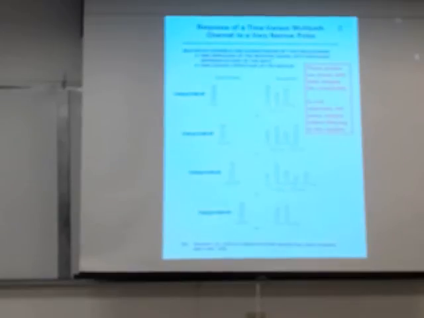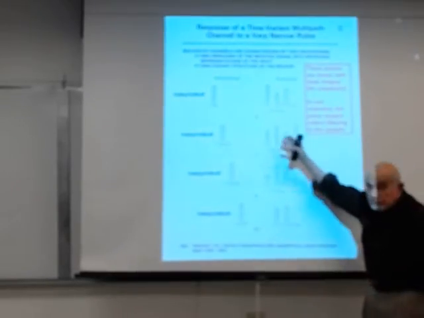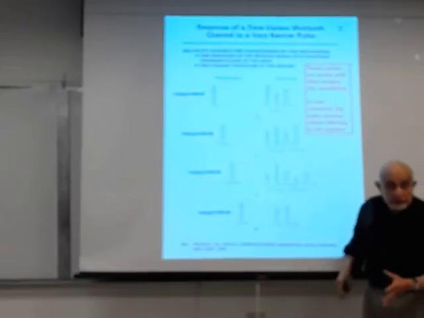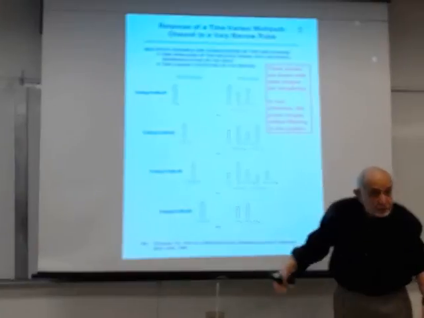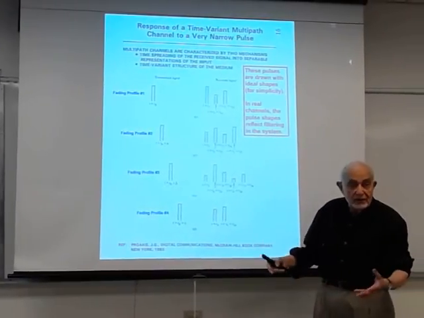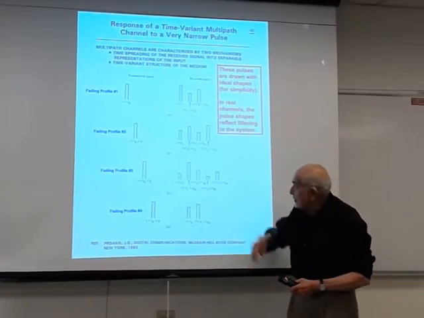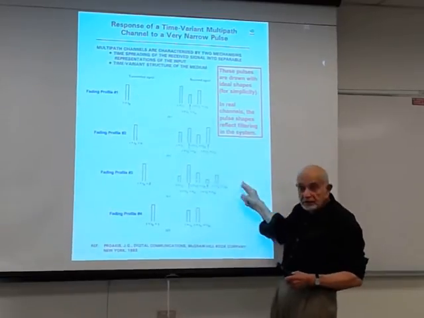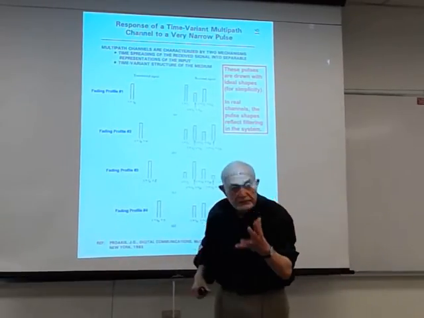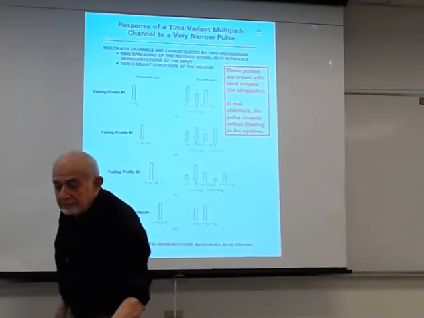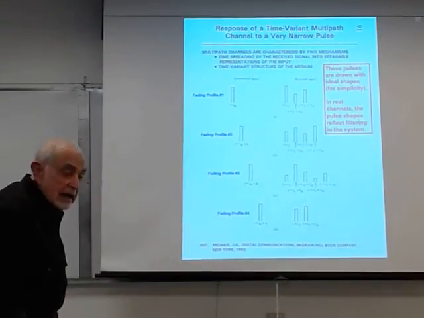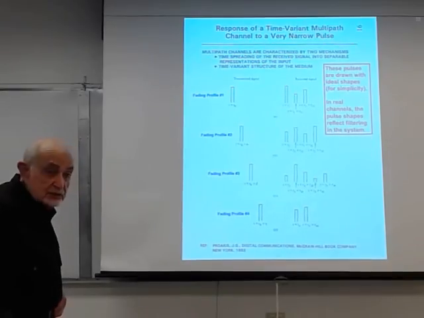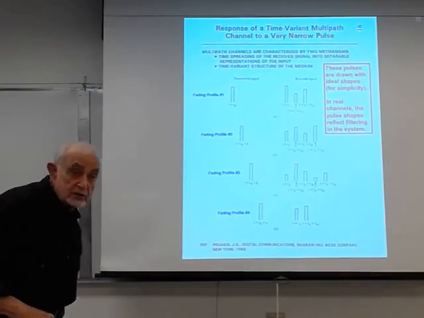And so the thing that's nice about this picture is to show you that for every one of these four cases, you get a response that clearly shows echoes, that clearly shows a fading profile. But look, they're different. They're different amplitudes, they're different numbers of them. There's a different fading profile, and that has to do with the fact that you move to another spatial location.